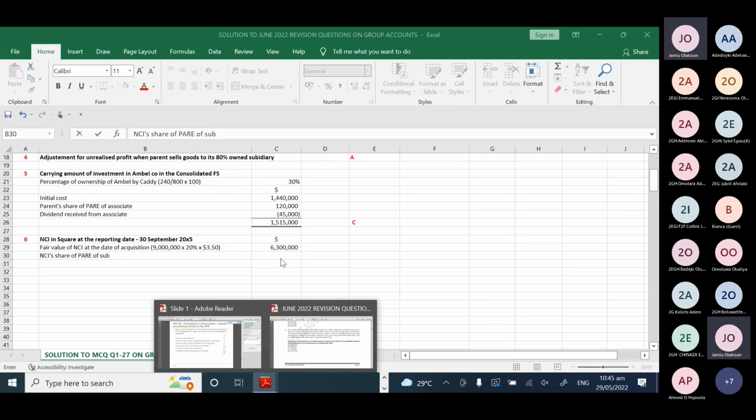In that column, the first thing that comes is the retained earnings at the reporting date, minus retained earnings at the date of acquisition. Then we look at all the adjustments that affect that post-acquisition retained earnings and bring them there. That is how we get the total. If you go back and check any of the questions we've solved before, that is what you will see there.